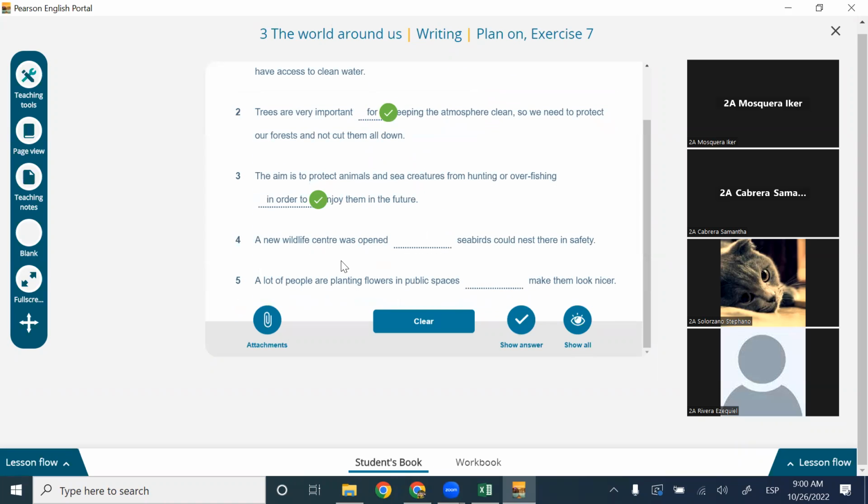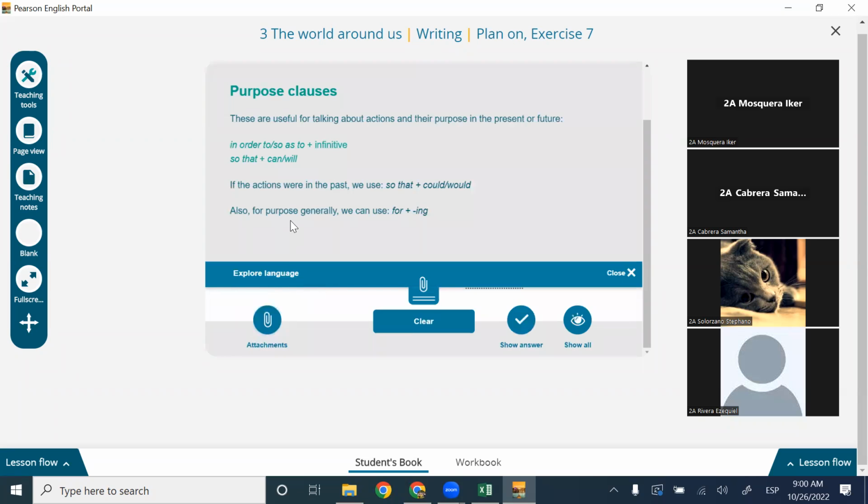A new wildlife sanctuary was opened. It's in the past, the action. Did you see?